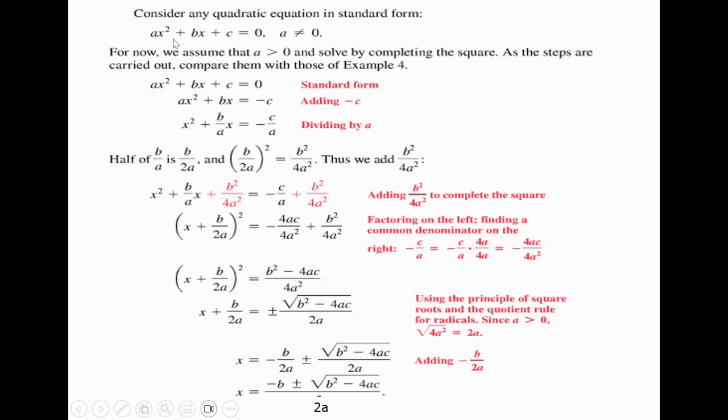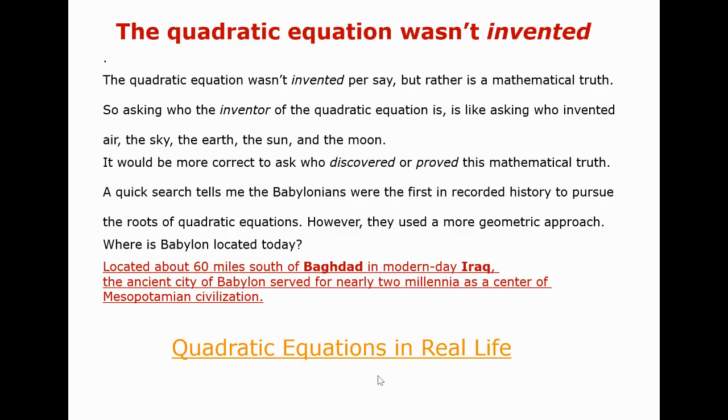By completing the square on a general quadratic, they came up with a generalized formula that works with any quadratic. It's called the quadratic formula. There it is: negative b plus or minus the square root of b squared minus 4ac, all over 2a. You studied this back in high school, and also if you took intermediate algebra at whatever college, or if it's Massachusetts, you studied the quadratic formula.